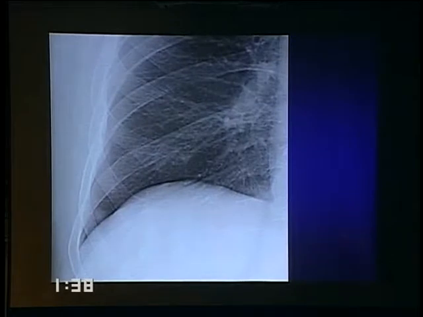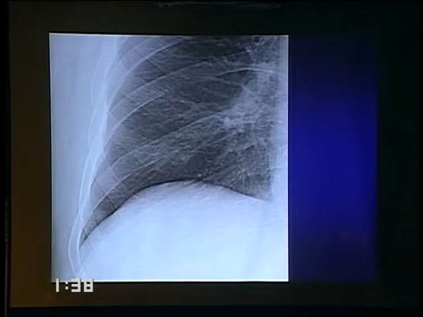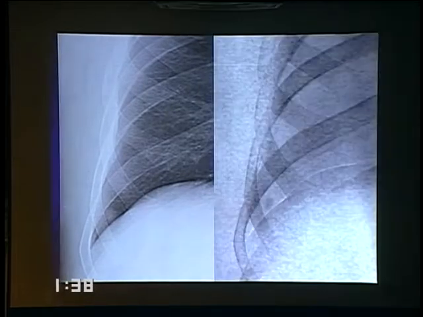Similarly, if we have a nodule, and I showed you this case earlier as an example of calcification. This is a partly calcified nodule in the right costophrenic angle. I think we would suspect it was calcified, but we might not be confident enough to send the patient home. We might want to consider a CT scan.